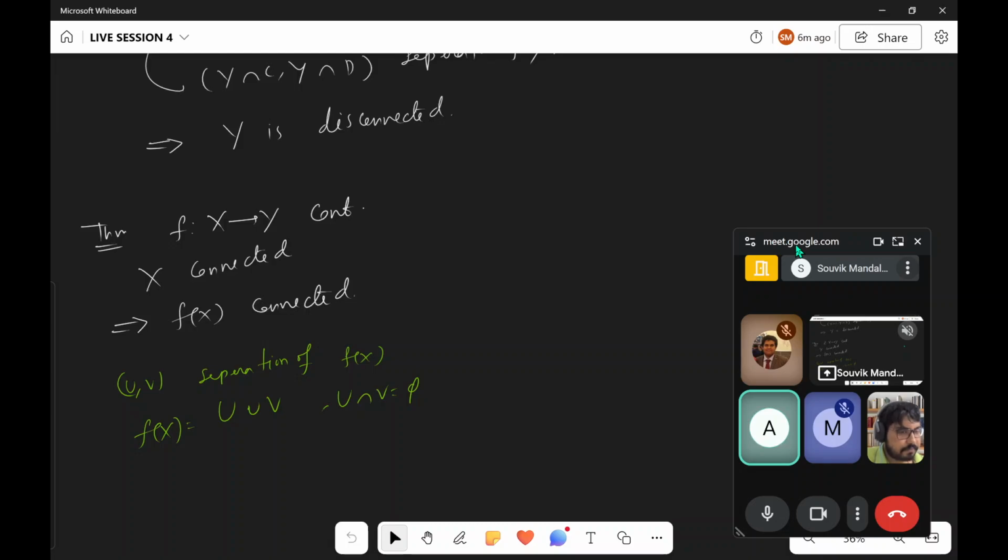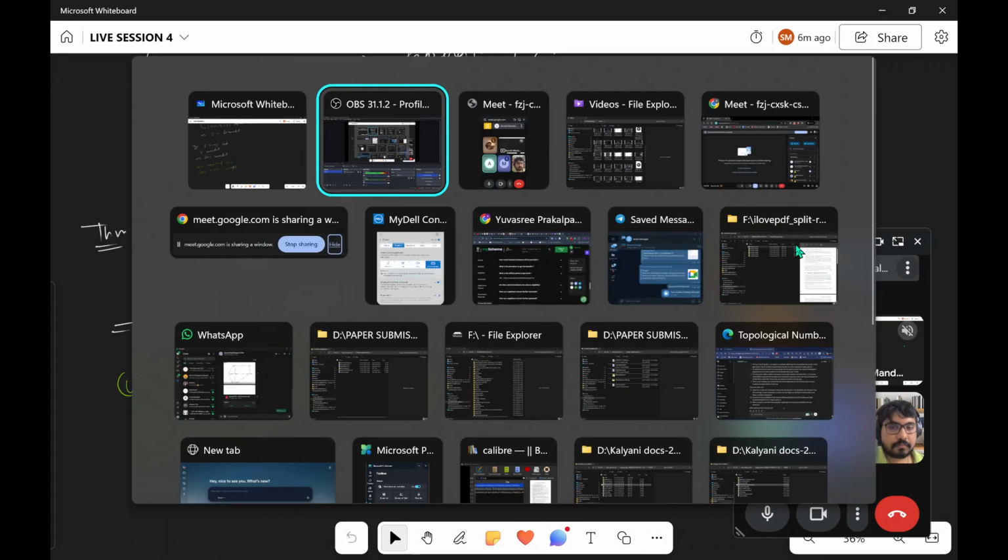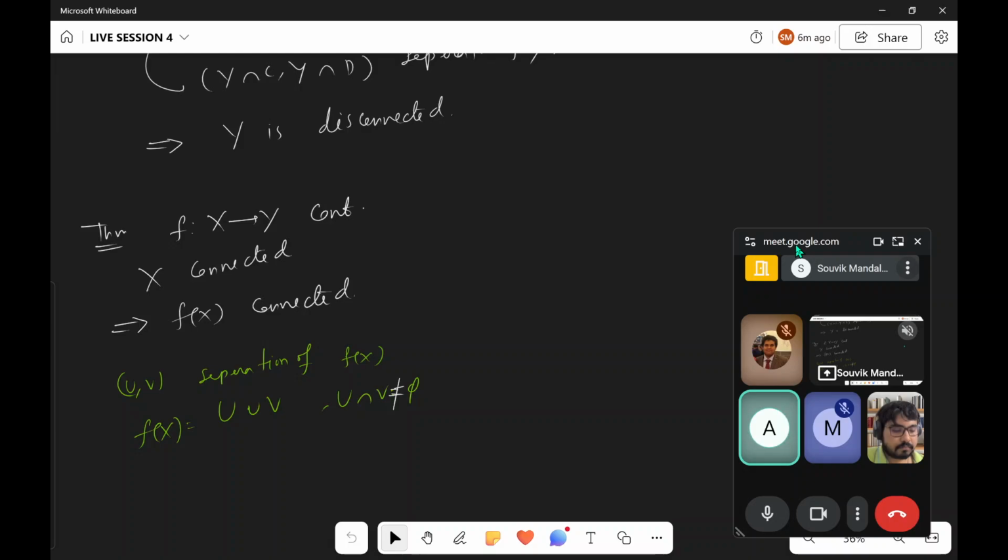So x belongs to U as well as x belongs to V. As U and V are subsets of X, I can tell that X is disconnected.